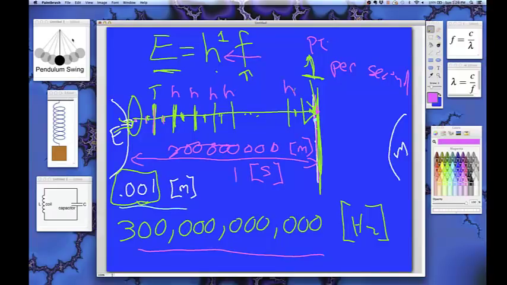And the problem that I'm having, or problem that I was having, is what is h? Well, h must be the energy of each of these. You multiply the number of these between the Earth and the 1 second mark by 300 billion hertz, and you get an energy term.